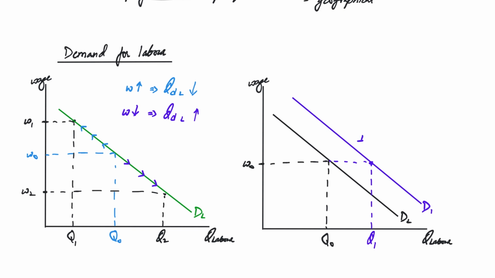This is an increase in demand. If it was to shift to the left like this, this represents a decrease in demand. My words, I'm not saying quantity demanded. Whenever there's a shift, we say demand. Whenever there's a movement along the curve, we say quantity demanded.